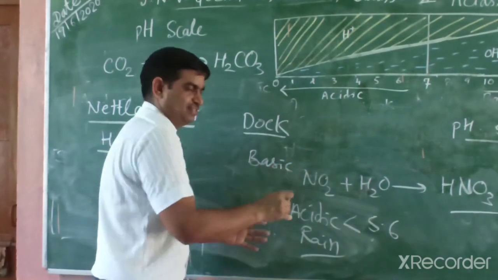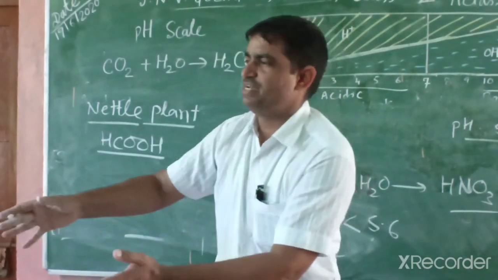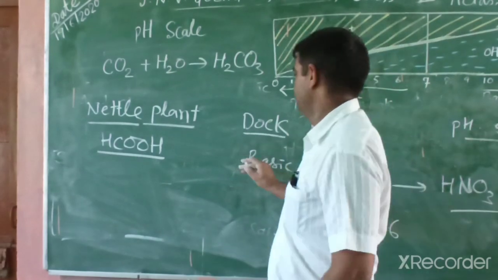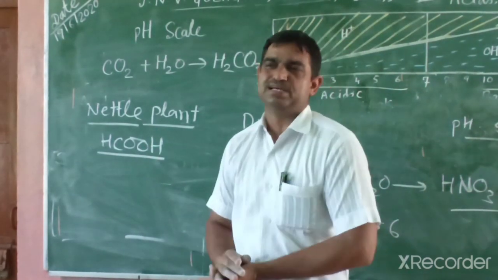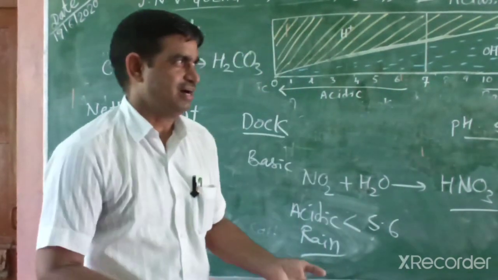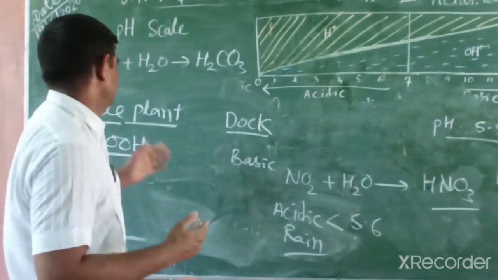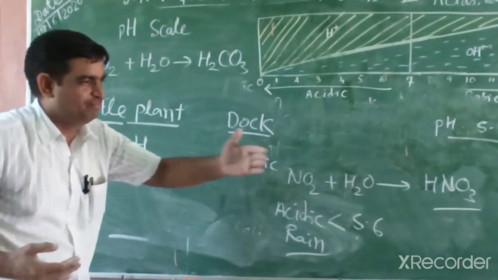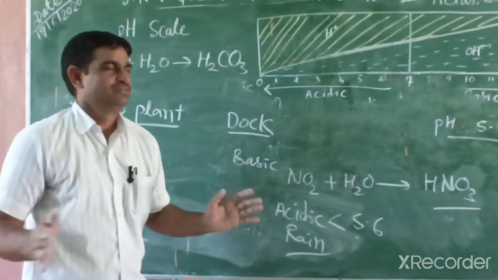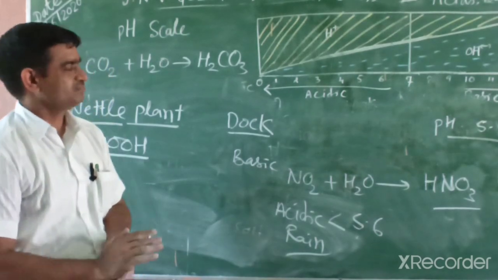So in nature there is a nettle plant, and nearby is a dock plant also, and it is basic, so acid-base neutralization happens. Because when animals move in the forest and feel the nettle plant, the dock plant is nearby, and nature neutralizes this acid-base reaction.